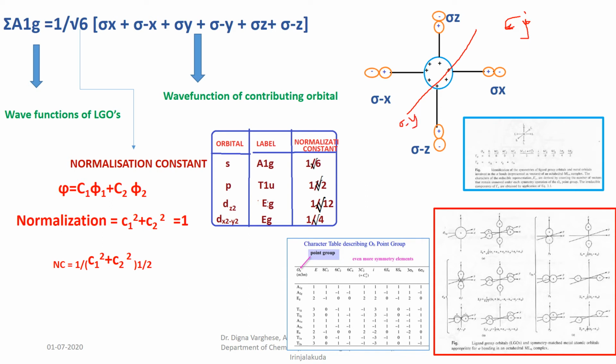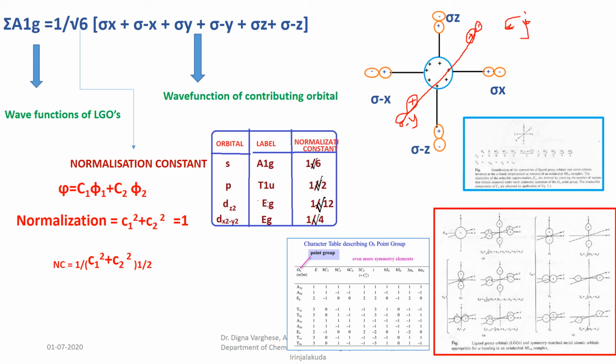For the bonding of the ligand orbital, the positive sign should be like this towards the metal A1G orbital, so a positive overlap occurs, and here also a positive sign.